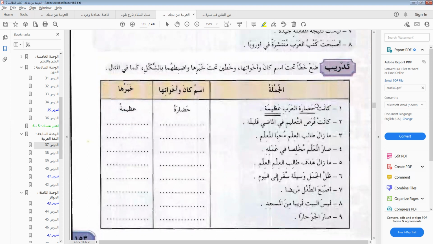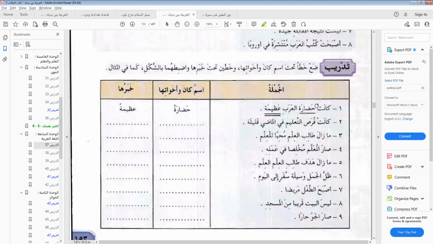السادس ظل الجمل وسيلة السفر إلى اليوم. الخامس وسيلة، الجمل اسم كان. ما زال هدفه هو التالية. I didn't get you. Again. We skip to number 5. What is the ismu kana?